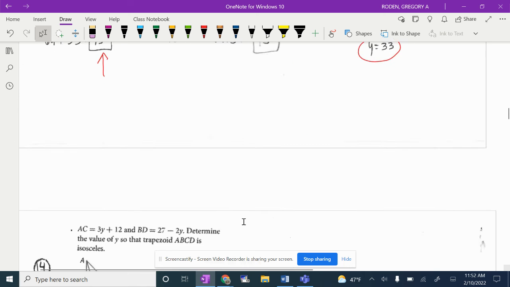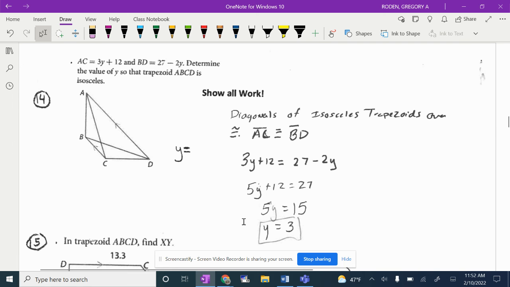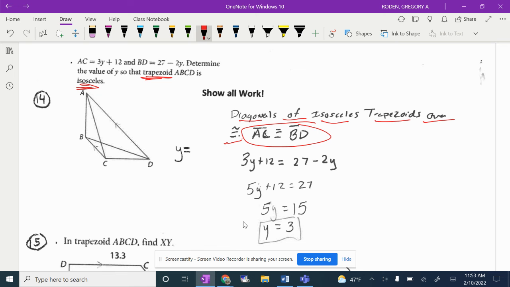Next problem. All right, so now it's telling us what would make this an isosceles trapezoid. What do we know about isosceles trapezoids? Diagonals of isosceles trapezoids are congruent. So in this case AC has to be equal to BD.